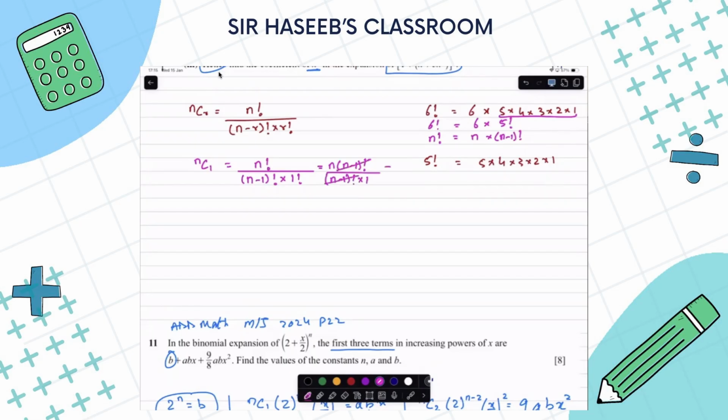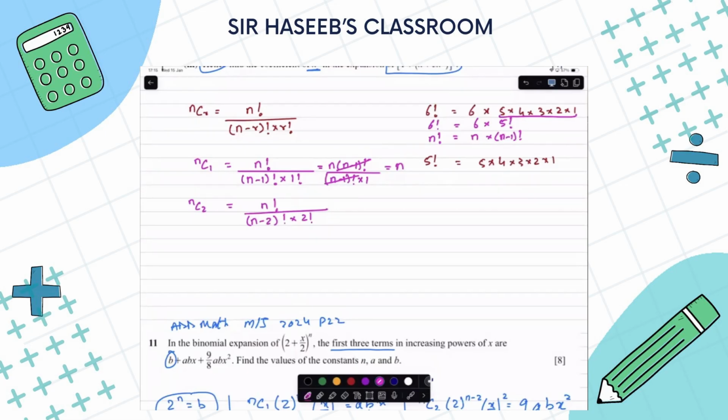This cancels out and you're left with n. That's why 6C1 is 6, 10C1 is 10, 12C1 is 12, and so on and so forth. Okay. nC2 is n factorial over n minus 2 factorial into 2 factorial. Okay.